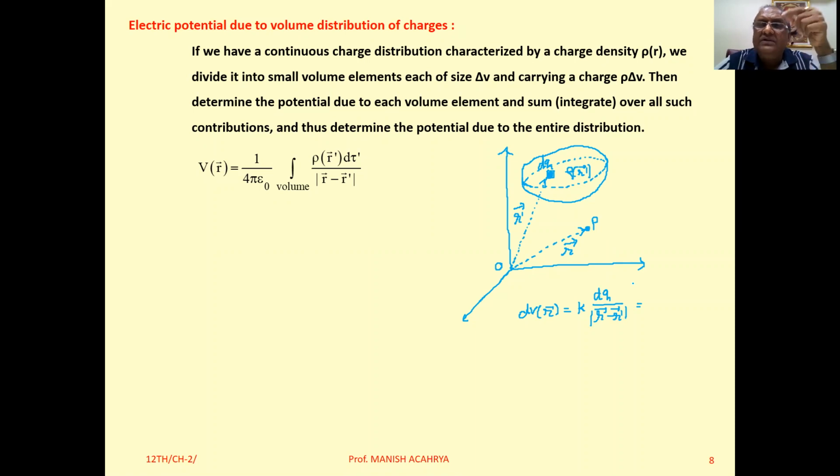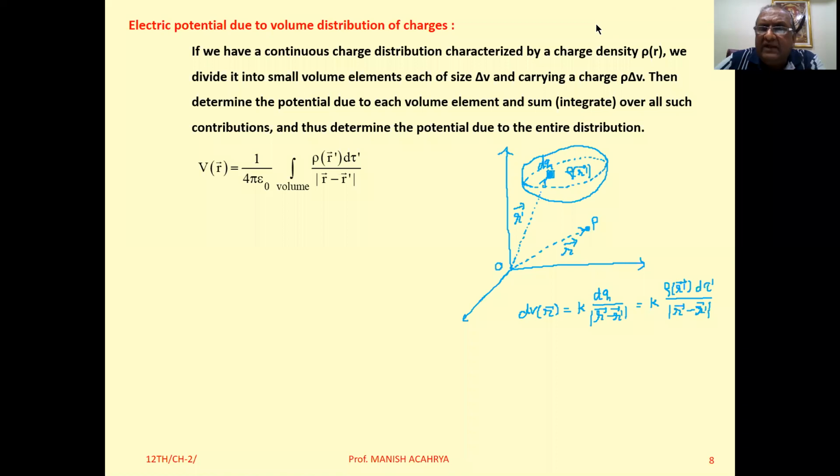Then the charge in the given volume is how much? So we can write k times rho at position r dash into the volume element, which in the text is represented as d tau dash, upon magnitude r minus r dash. Clear to all of you?